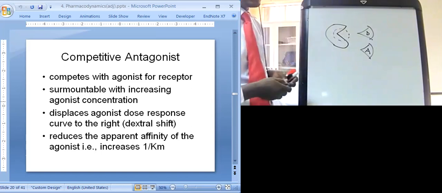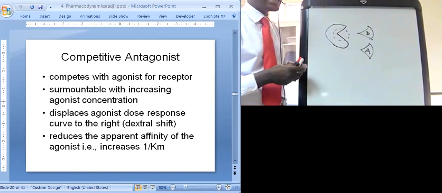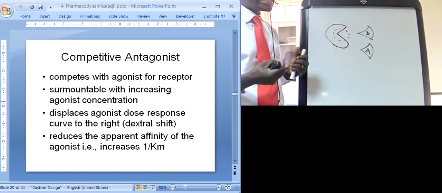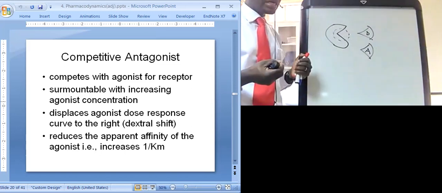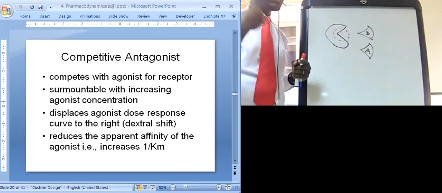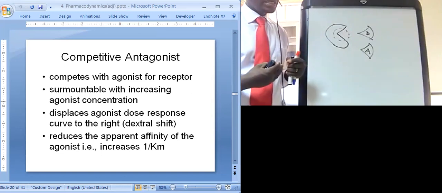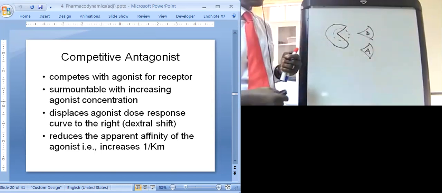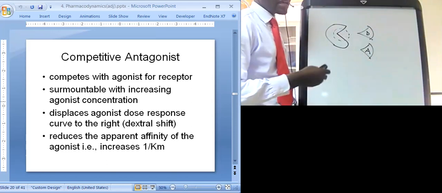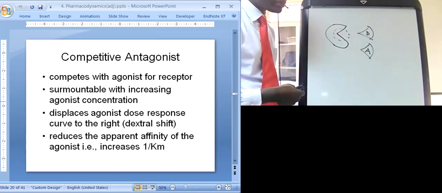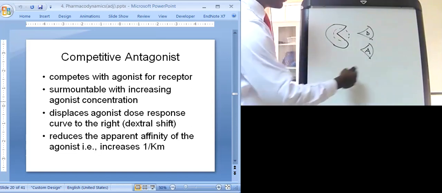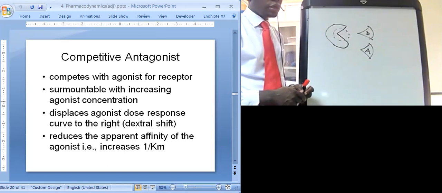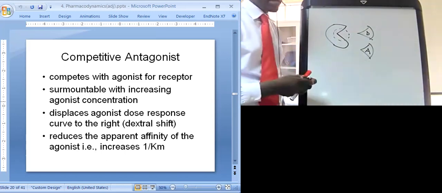What does that mean? Since they are in competition, increasing whichever one helps it displace the other, and it shifts the reaction to the right.